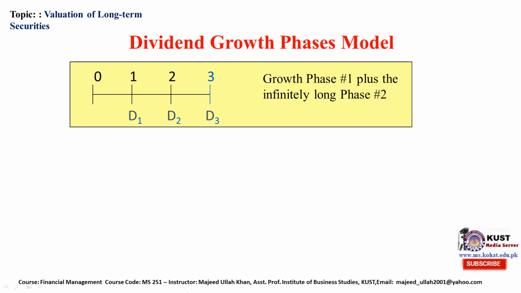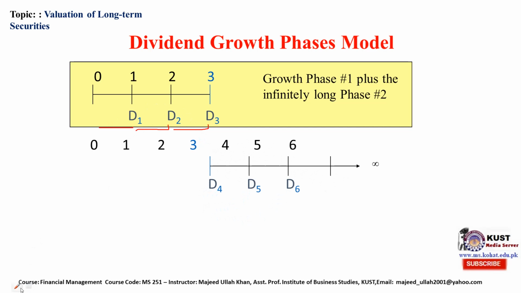So first we will calculate the present value of this D1, D2 and D3 by discounting at the required rate of return, and then we will calculate the value for this second phase.